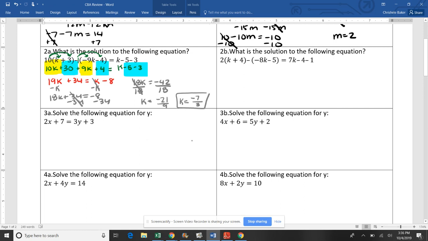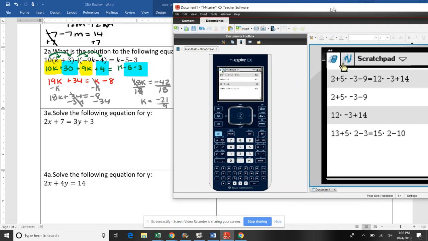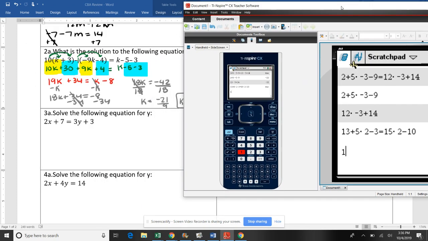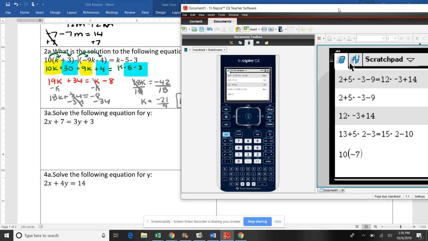So there's my solution, and now I'm going to check. So I have 10 times the quantity negative 7/3 plus 3, minus the quantity negative 9 times negative 7/3, minus 4.